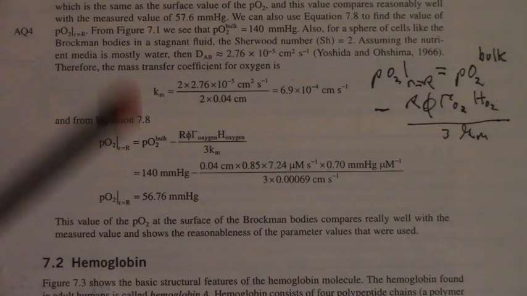So this problem shows you how we can use a reaction and diffusion model in spherical coordinates, analyze data that's been found for an actual spherical volume of cells, and from the PO2 data, find the oxygen consumption rate of those cells.